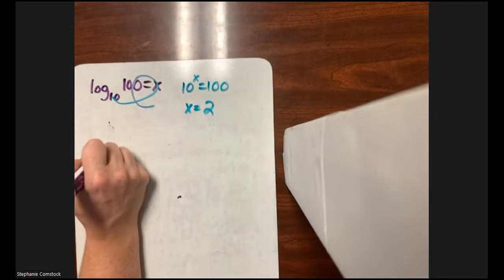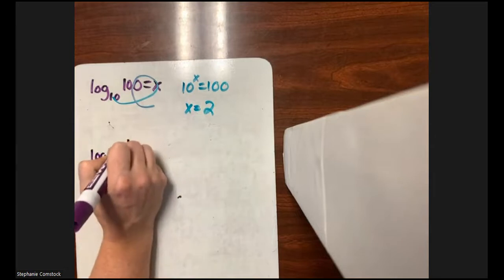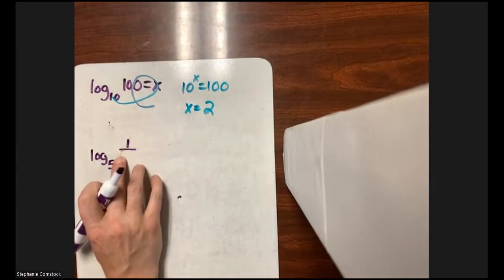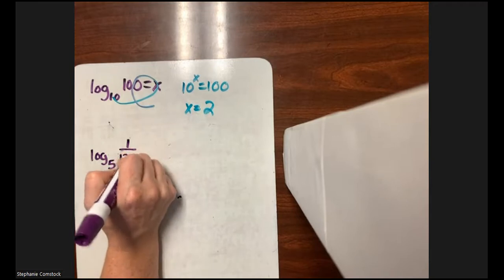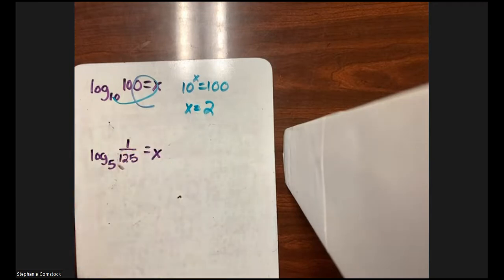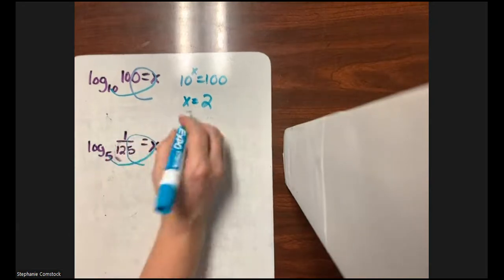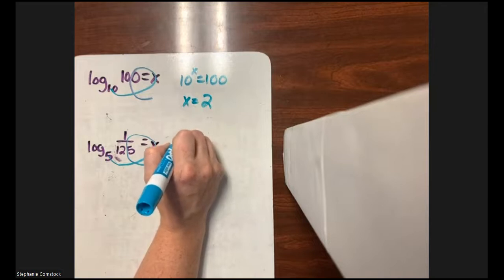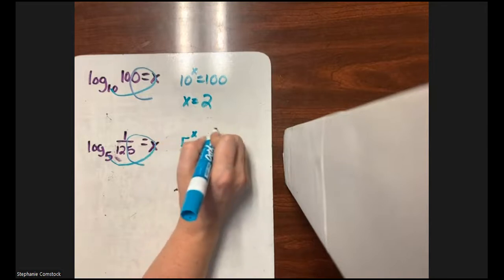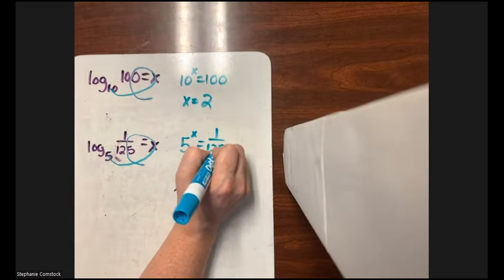Okay, so I've got log base 5 of 1 over 125, equals x, and I'm going to loop-de-loop. So I've got 5 to the x equals 1 over 125.